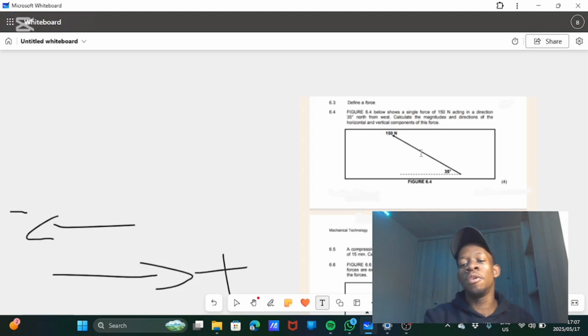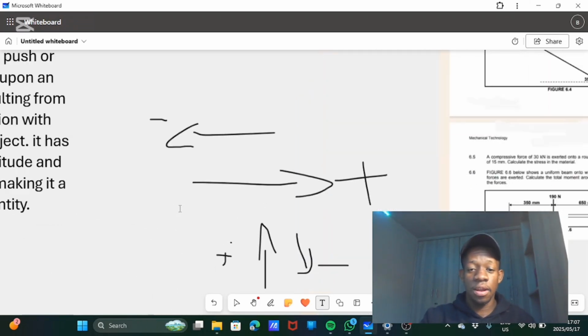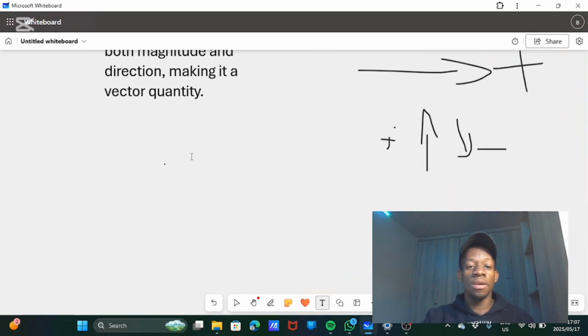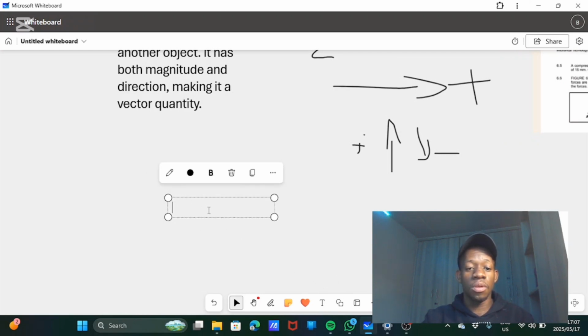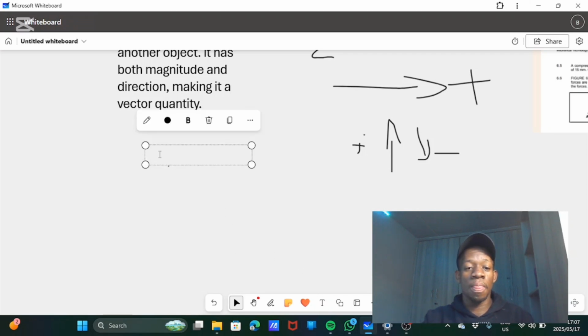The vertical component is opposite to the angle, so it's going to be sine of theta. Let's say x in this case.